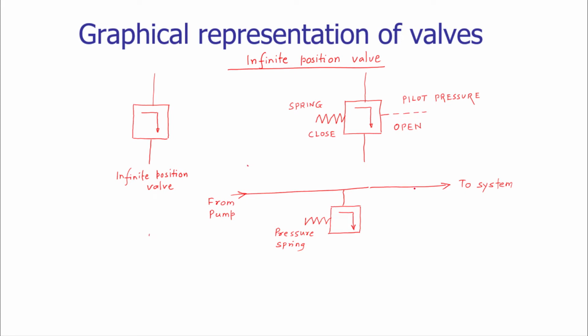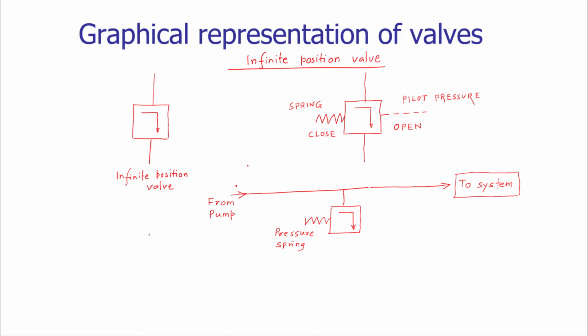But when the system pressure is increased, the load is very high, it is blocked, there is no need of the pressurized fluid from the pump continuously to the system. It is not essential. Already the pressure at the system is very high. So due to the increase in pressure at the load, we need to relieve the pressure.